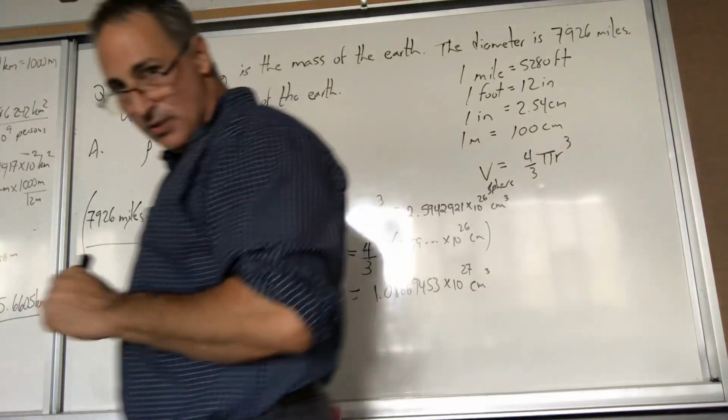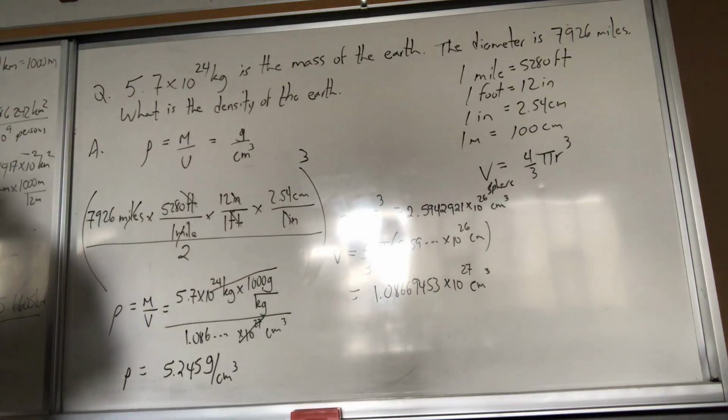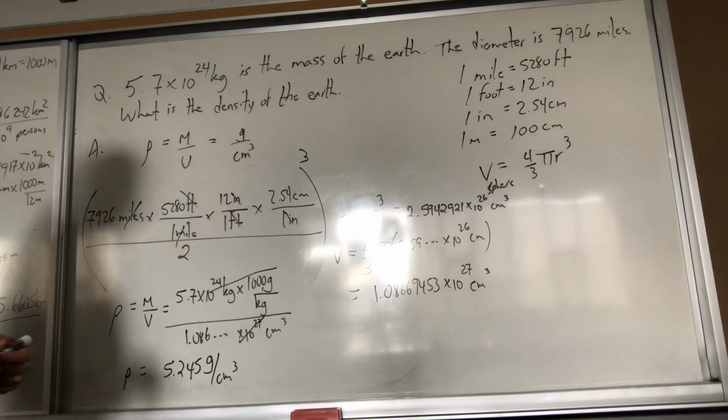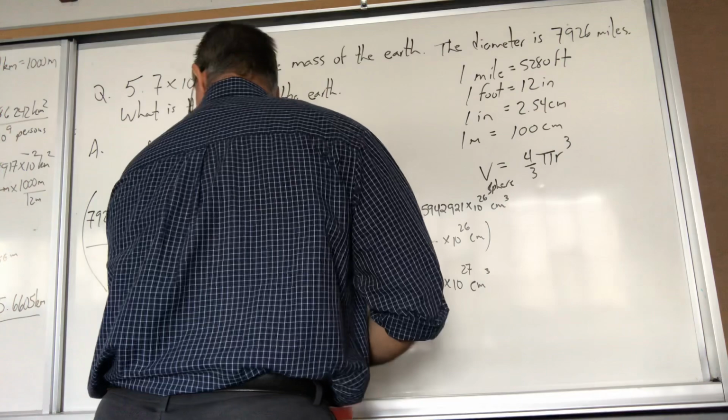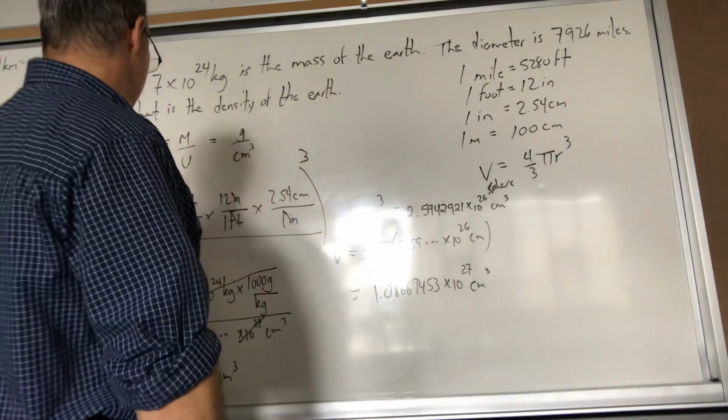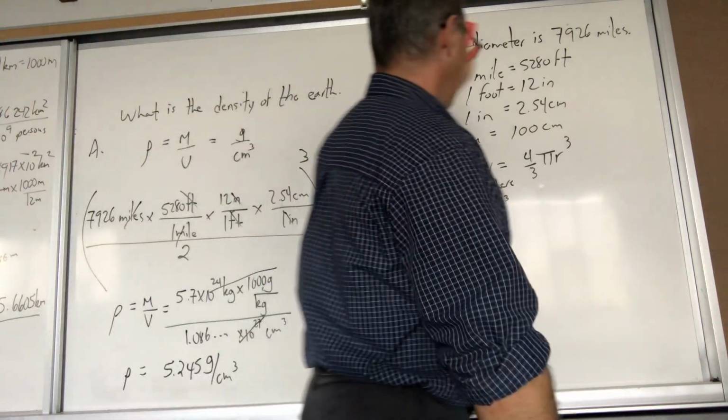Now here's what you're going to do for homework. I want you to calculate, you can model yourself on this. It uses the same formula, density equals mass over volume. I'll give you a hint.